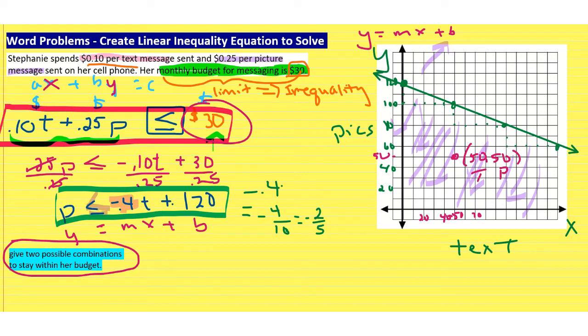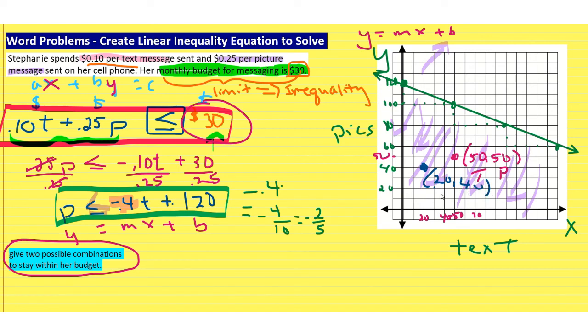We could also choose a different number. We could choose, let's do this one right here. Nope, let's not. Let's do this one. I'm going to erase this one. Okay, so we're going to choose this one. Okay, so that point is equal to 20, 40.